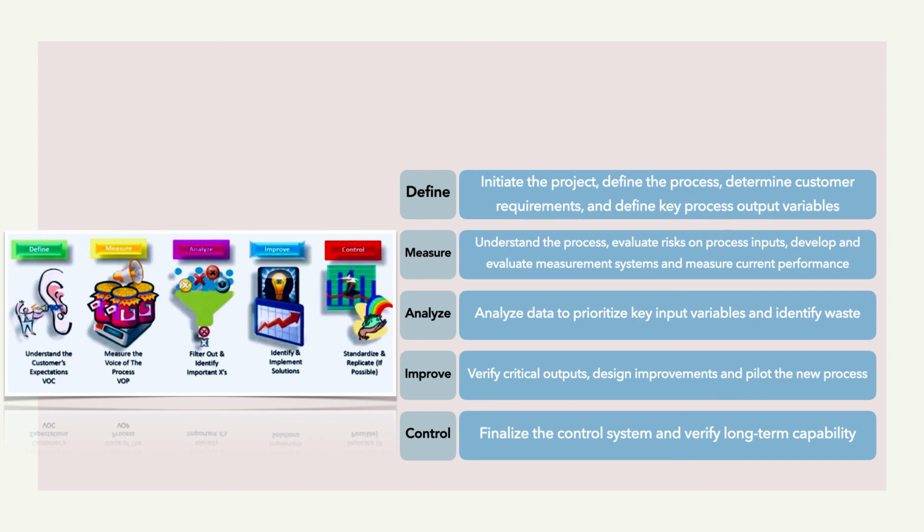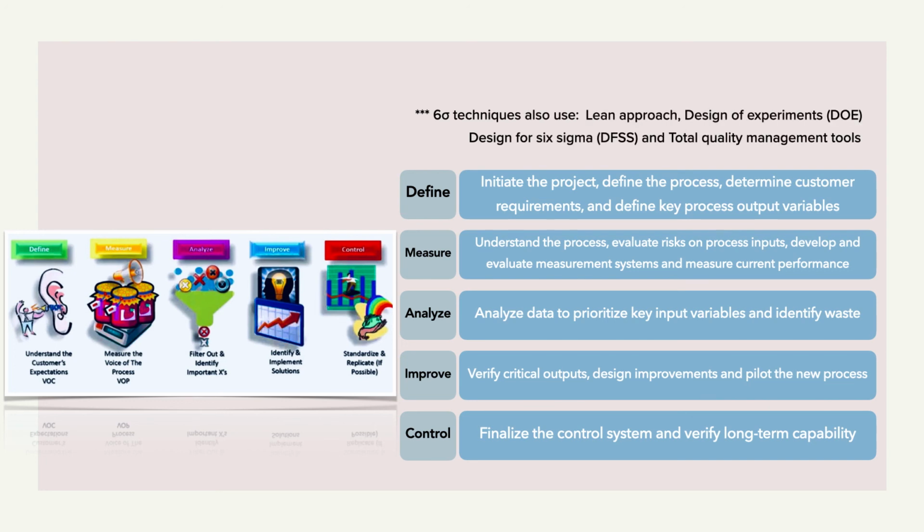DMADV is the same, but the D stands for design and V is verify, but they work relatively the same as DMAIC. The Six Sigma method also uses lean, design of experiment, design for Six Sigma, and total quality management tools as needed.